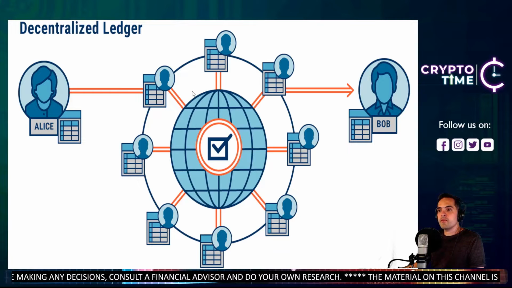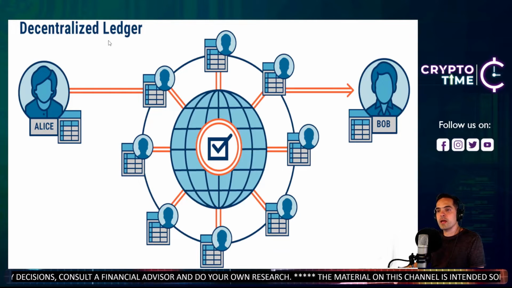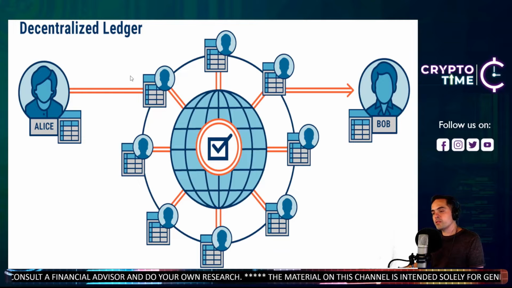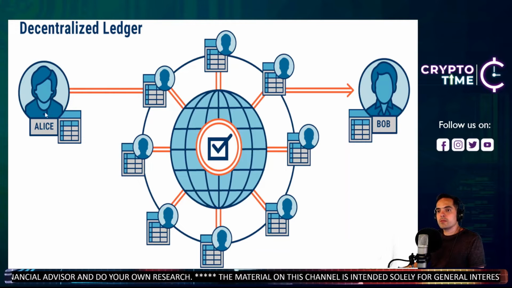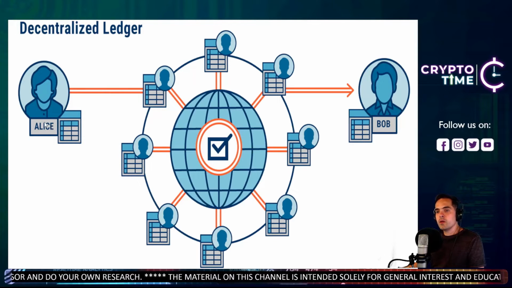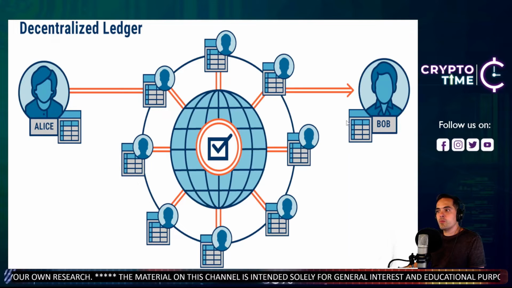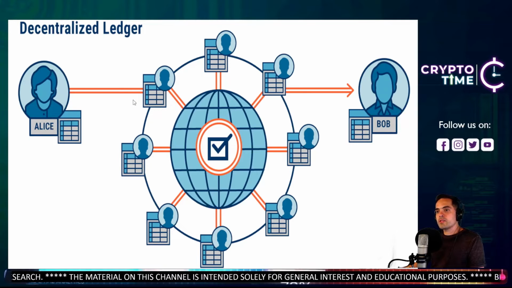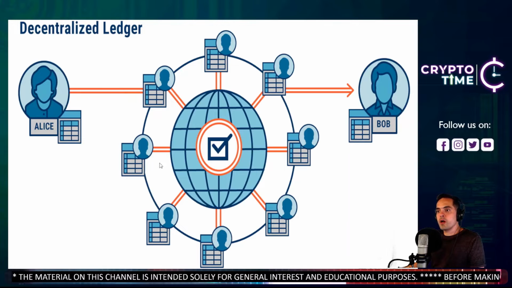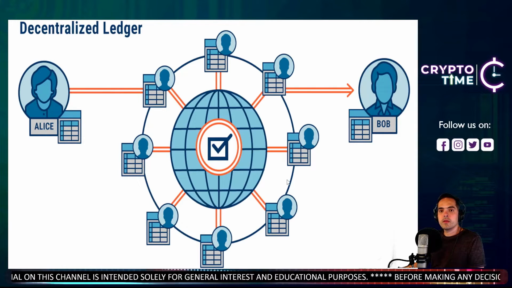And here we have an example of a decentralized ledger or decentralized blockchain, where a person, in this case Alice, will make a transaction to Bob, and that transaction will go through the whole blockchain.